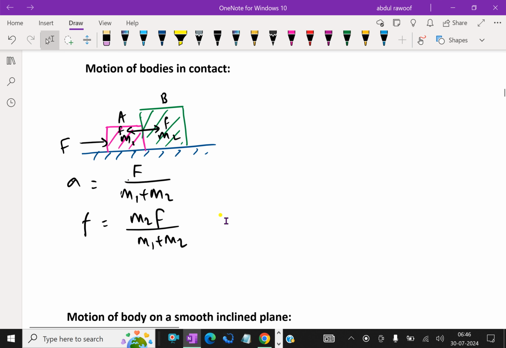Then if the system is larger, that is three bodies.